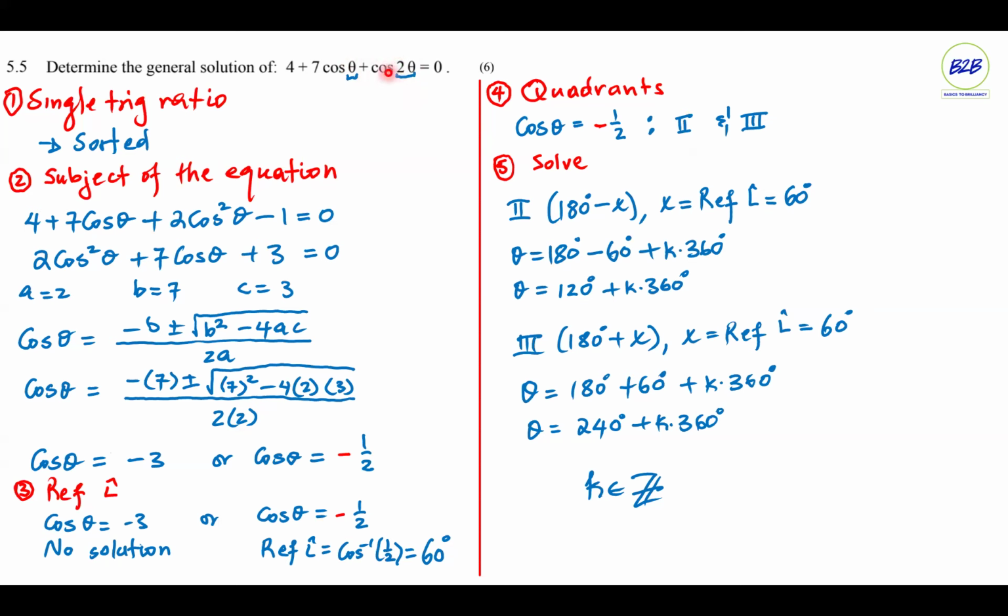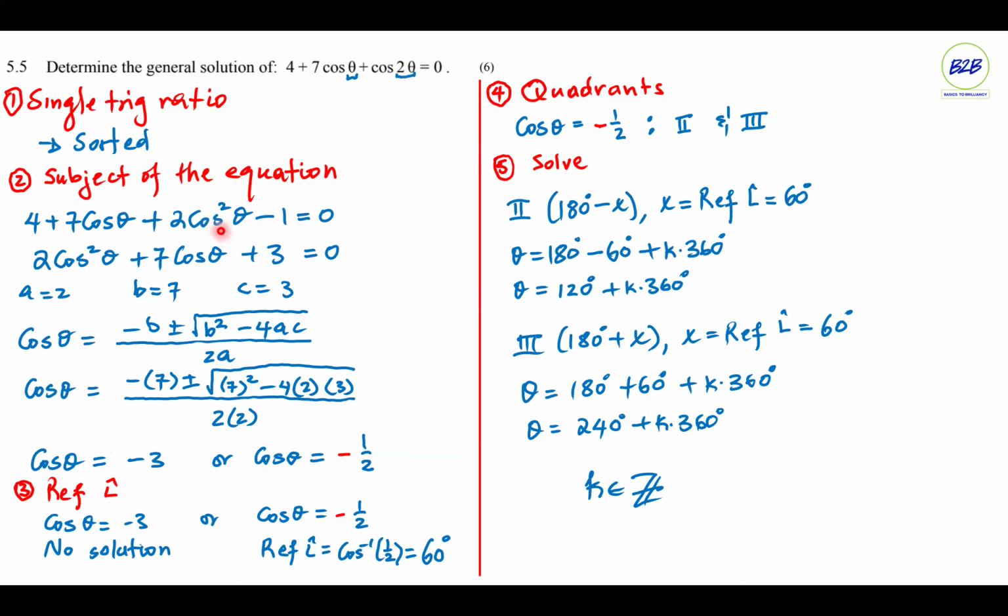So that means we must change cos 2 theta into an expression that contains theta. So cos 2 theta is a double angle, and we have many options within that double angle. To be specific, we have 3, and we discussed them previously. So when we select one option to replace cos 2 theta, we must select the one that contains only cos.